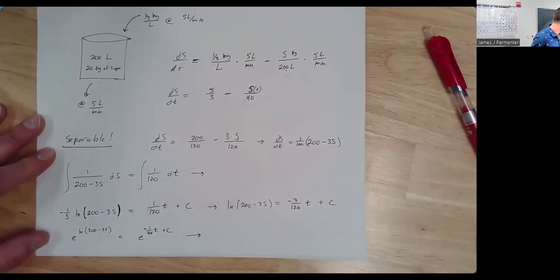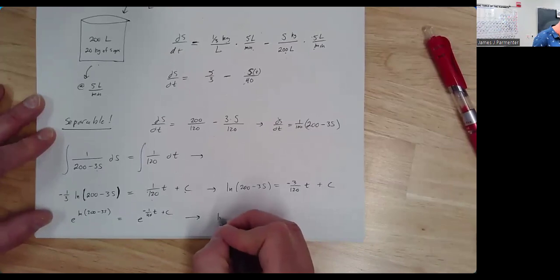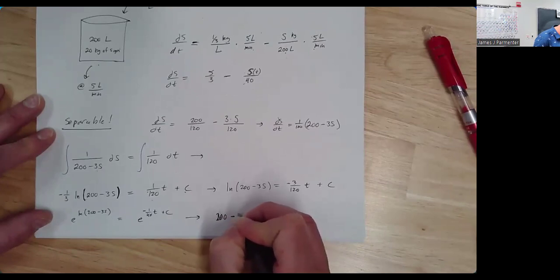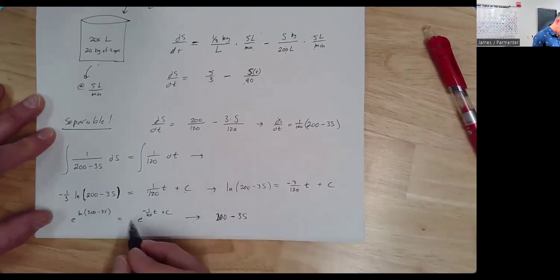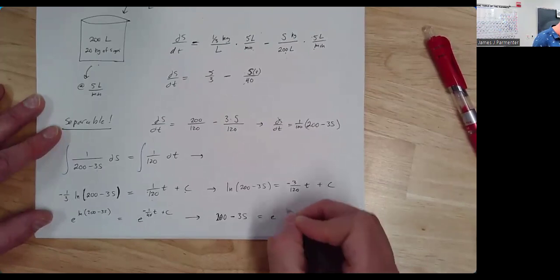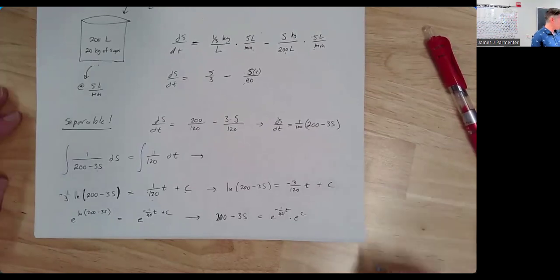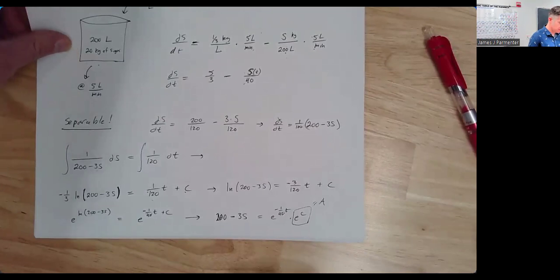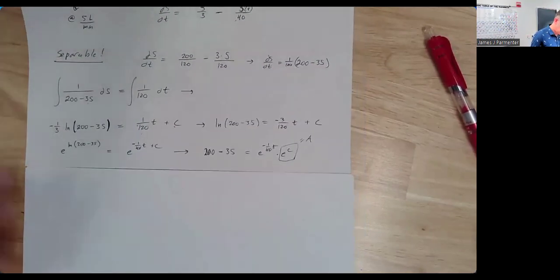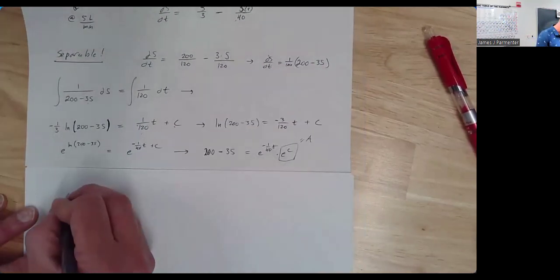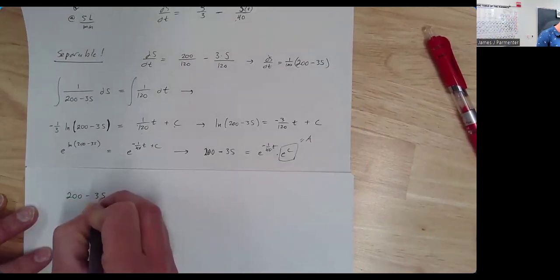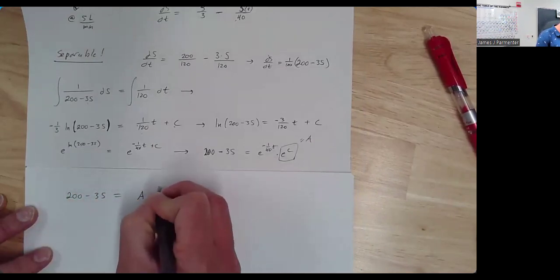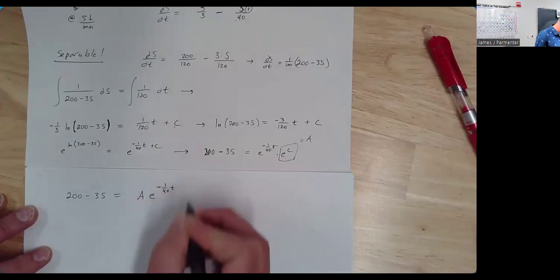And then that's going to become 200 minus 3s equal to, we're going to write the right-hand side as e to the negative 1 over 40t times e to the c, which is then going to become an a, or whatever letter you prefer to choose. Okay, we're almost done. We have 200 minus 3s equal to a e to the negative 1 over 40 times t. We're solving for s.